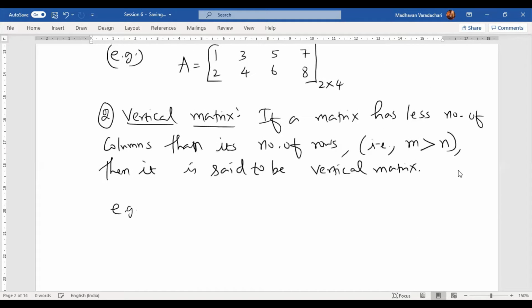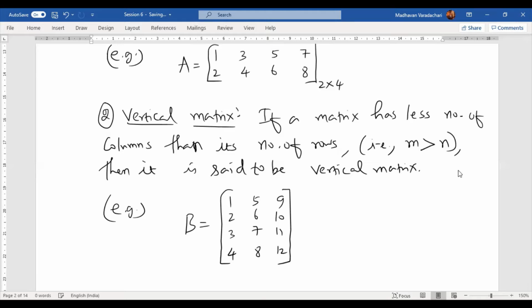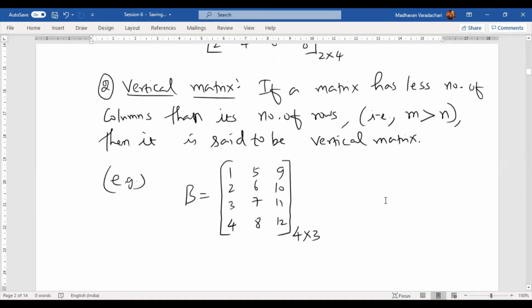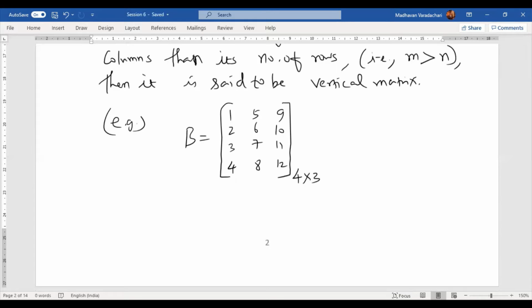So again, example, let me write matrix B. 1, 2, 3, 4, 5, 6, 7, 8, 9, 10, 11, 12. Here we have 4 rows, but 3 columns. So number of columns is lesser than the number of rows. Then the next one will be square matrix.